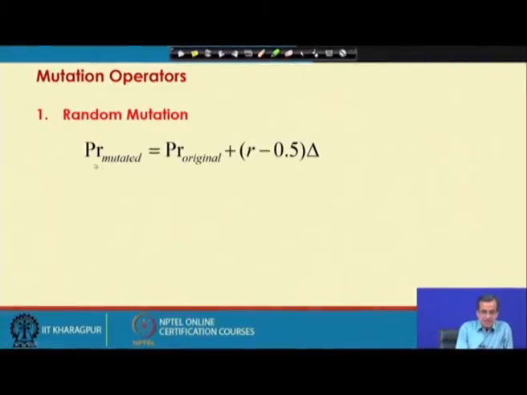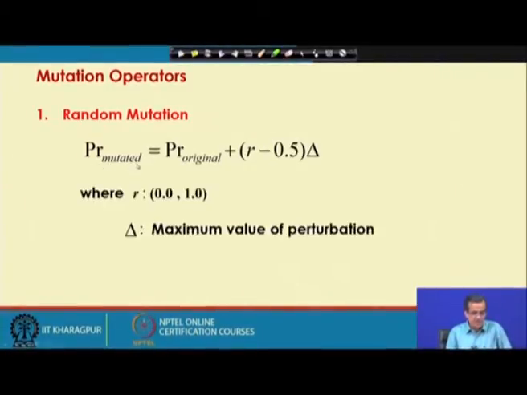Here the P r mutated, that is the mutated solution, is nothing but the original solution plus (r minus 0.5) into delta. r is the random number lying between 0 and 1, and delta is the maximum value of perturbation. Perturbation means dissimilarity.